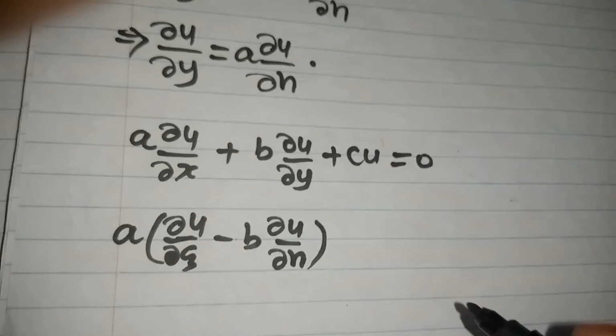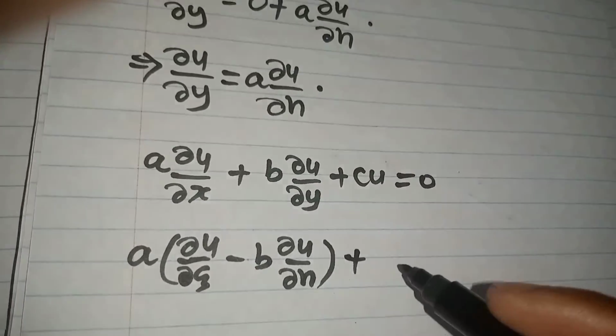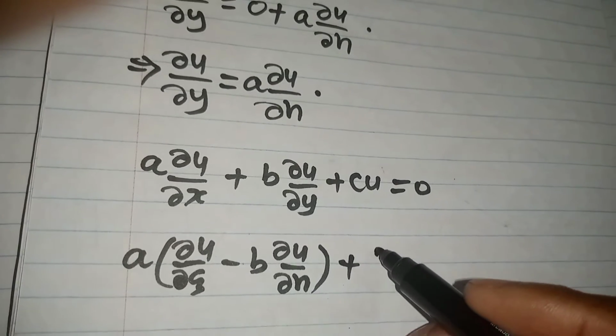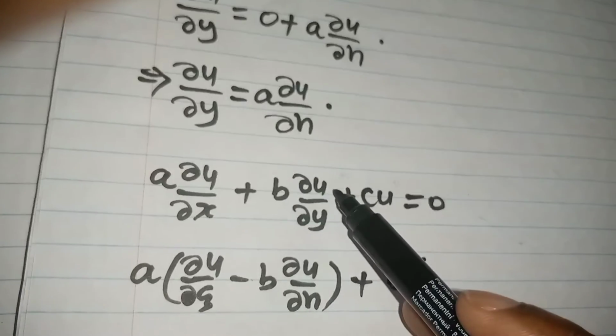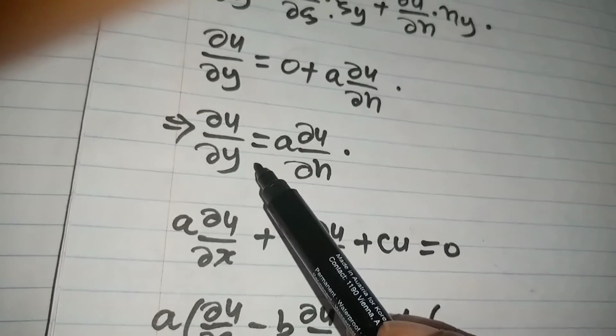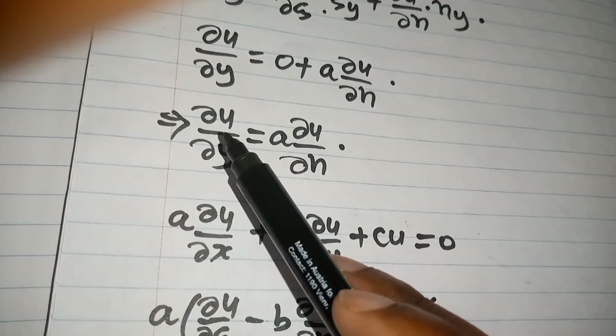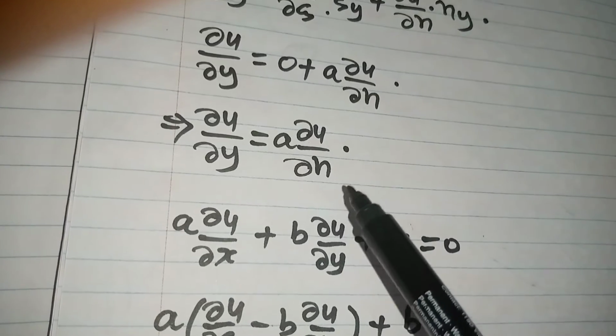Then plus b into brackets, we substitute the value of the partial of u with respect to y. We obtained the partial of u with respect to y as a partial u with respect to nu.